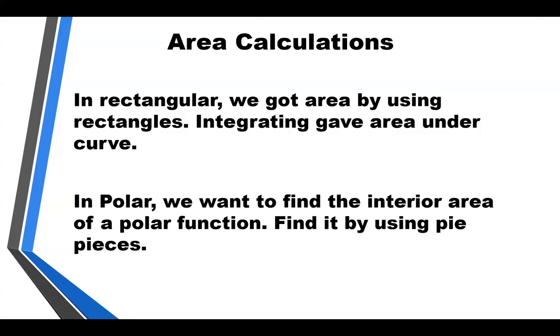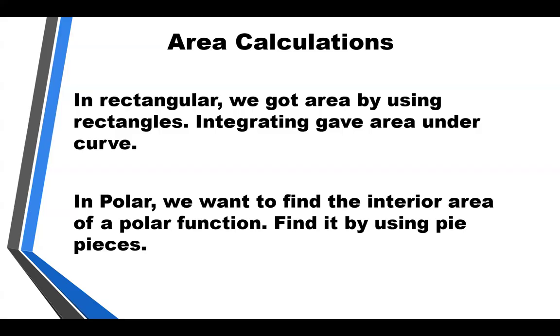Now, in rectangular coordinates, we got area by using rectangles. We used really small rectangles under the curve. Then we made these widths smaller and smaller, and we took the limit as the width goes to 0. We ended up getting integration, and that integration gave us the area under the curve.